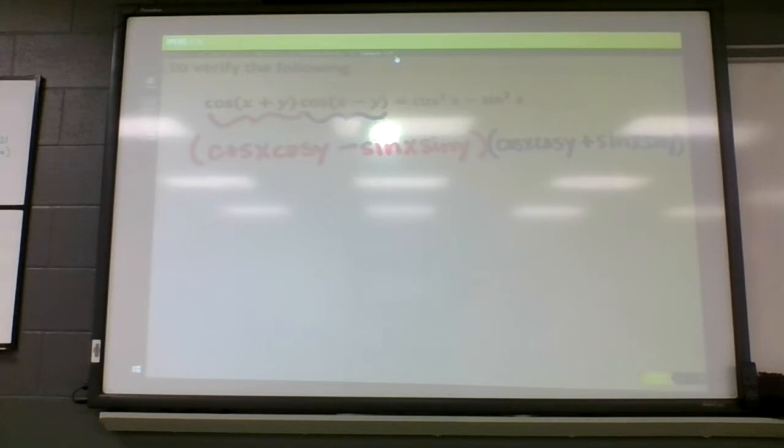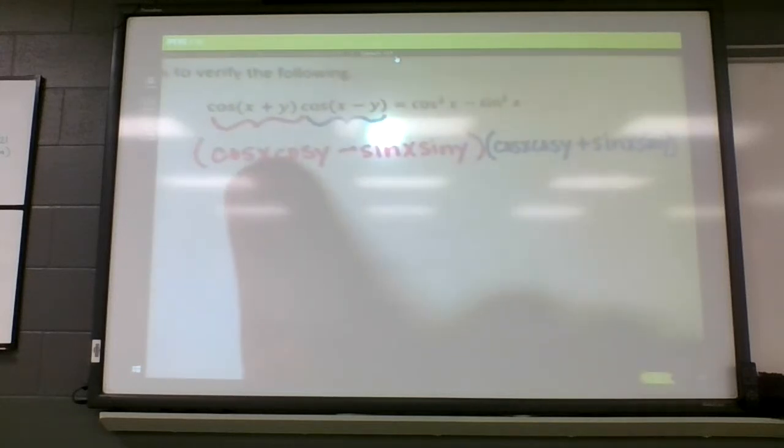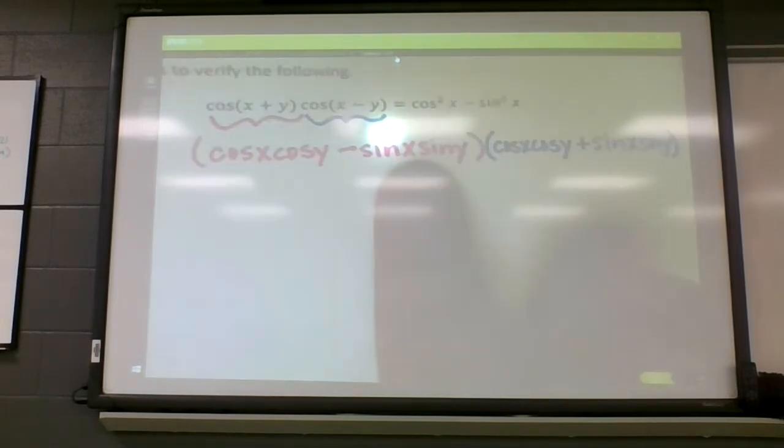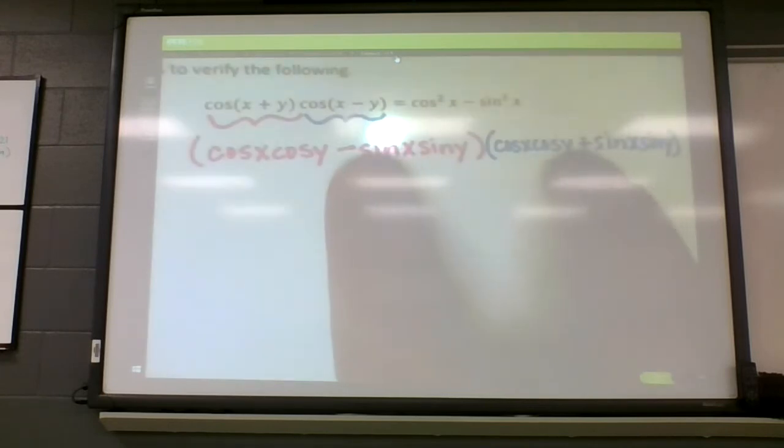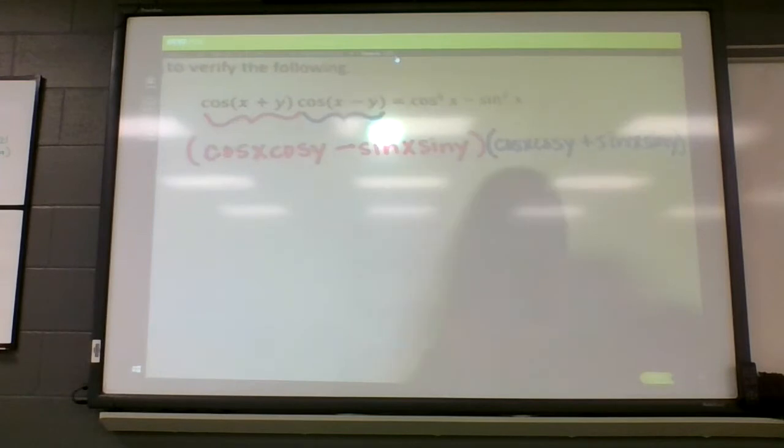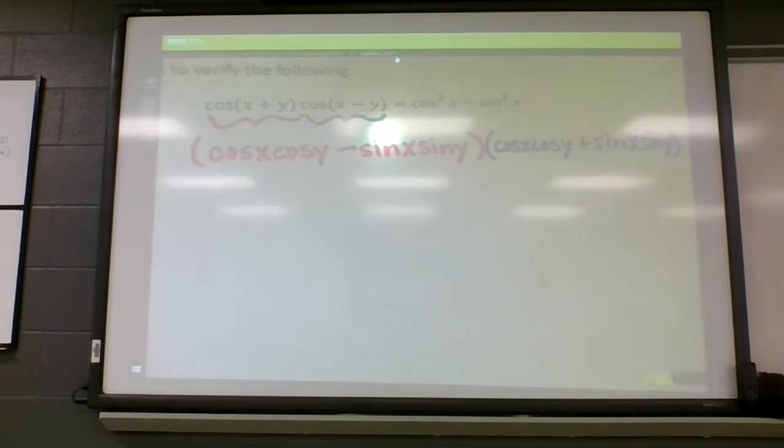This and the beginning here are exactly the same, and this one and this one are exactly the same as well, but they have opposite signs. So those middle terms are going to make 0. You can think about this as multiplying by the conjugate; a difference of squares is the same idea.